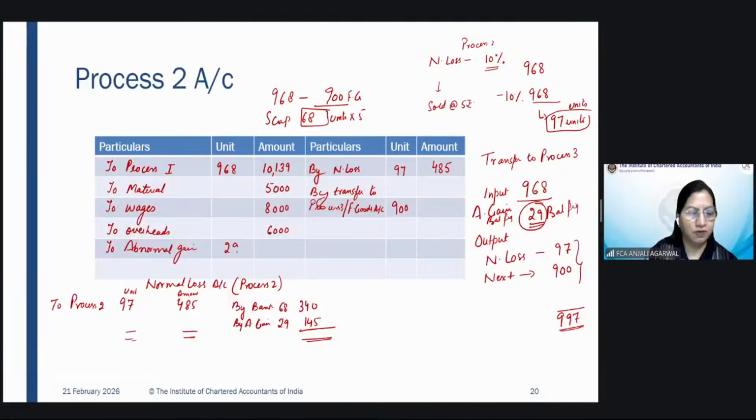So you take the total of the amounts, which comes out to be 29,139. Total cost 29,139 minus scrap realized from sale of normal loss 485, divided by total units minus normal loss units.